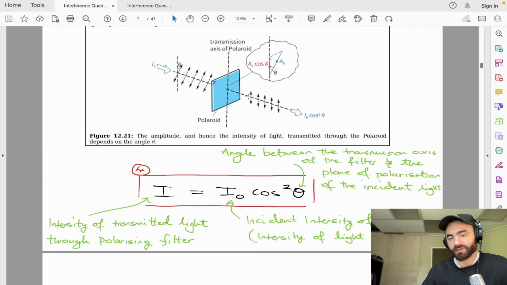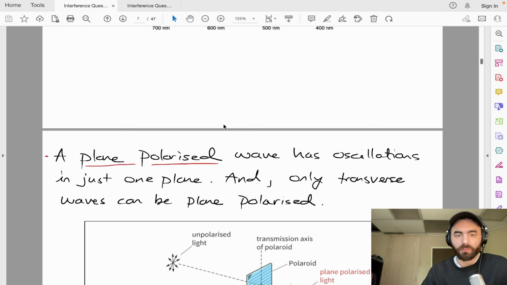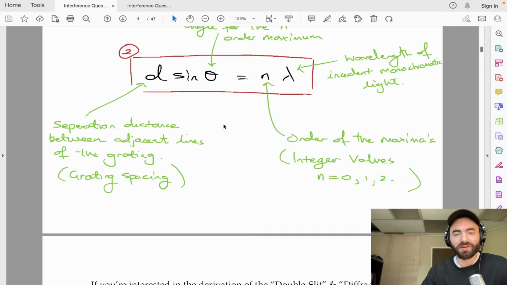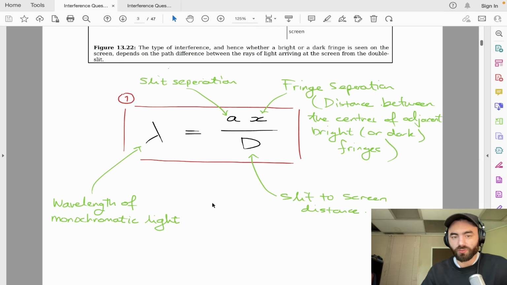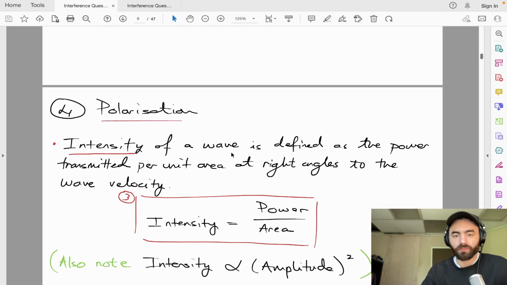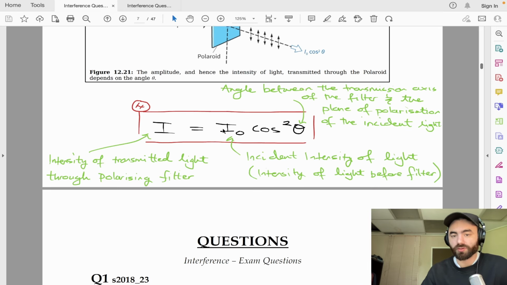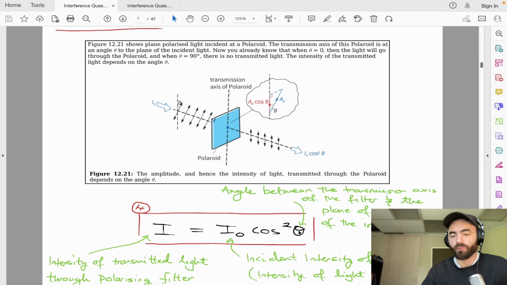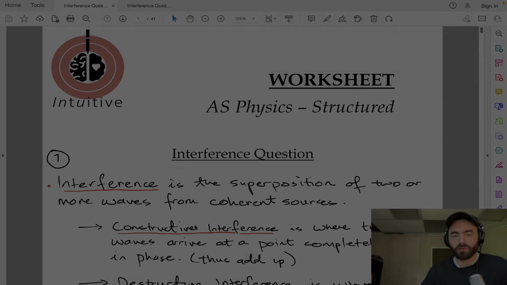We'll do questions on this now, but those are the equations you need to understand. Maybe my explanations weren't super brilliant there, but basically these 3 equations, 1, 2, and 3, these ones are the most important. You basically need to understand what these variables all mean. But we'll do questions and you'll get a better picture.